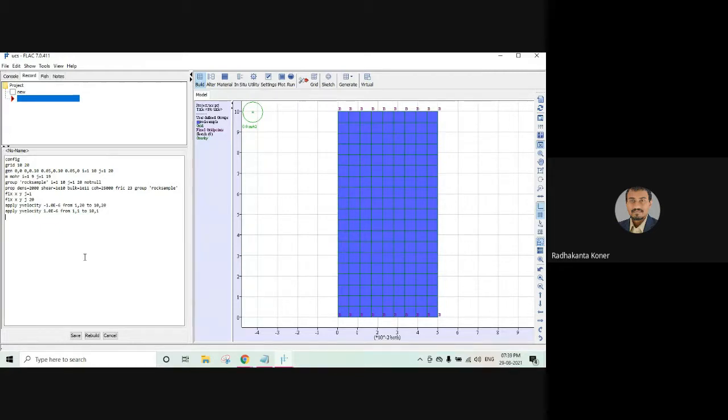The top platen velocity will be negative and the bottom platen velocity will be positive because it is upward. So we have applied the velocity with the apply velocity command. You see the syntax is very easy. Apply y velocity, minus 1.0 e to the power minus 6 from 1, 20 to 10, 20. This is the upper platen. Apply y velocity 1 into 10 to the power minus 6 from 1, 1 to 10, 1. That is the bottom platen.